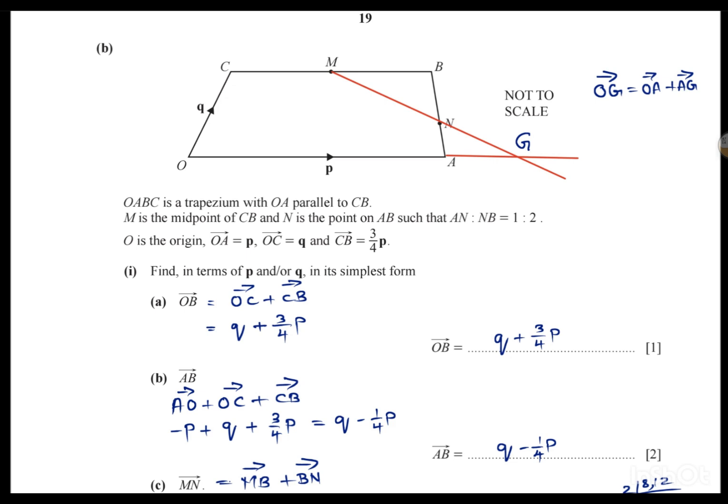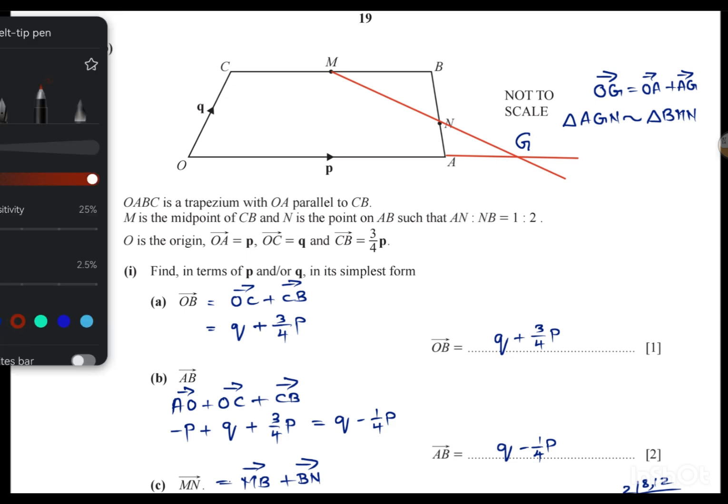Now we have to use the similarity of triangles here. So triangle AGN is similar to triangle BMN. How? Because the vertically opposite angles are equal.